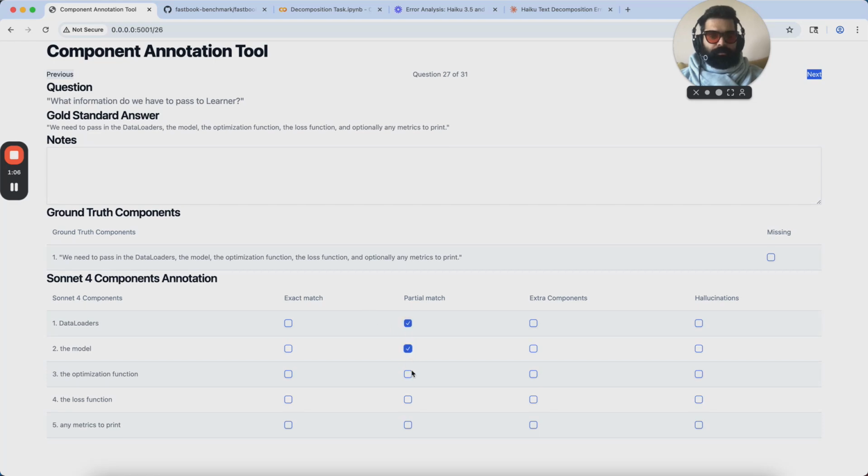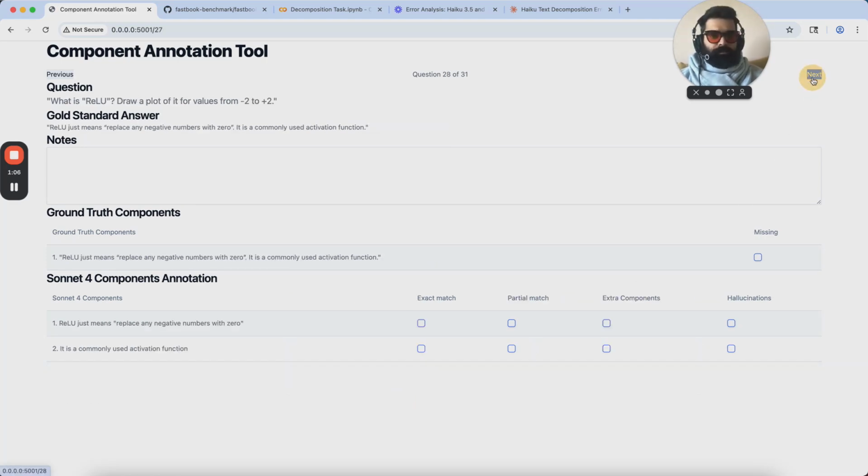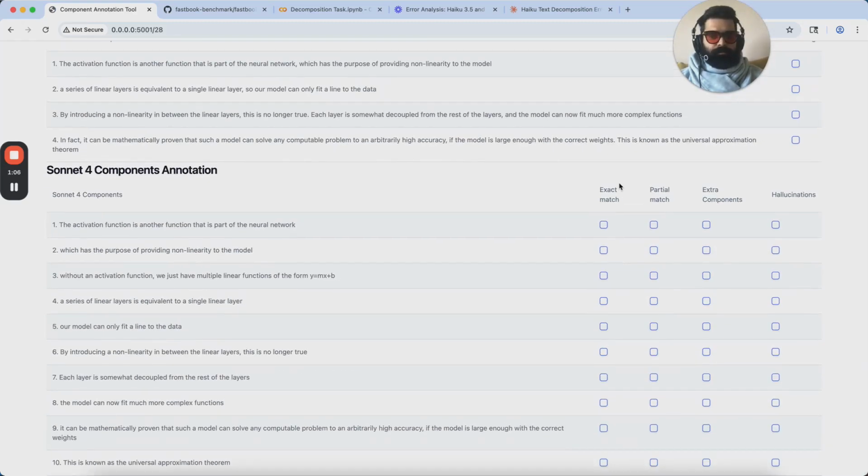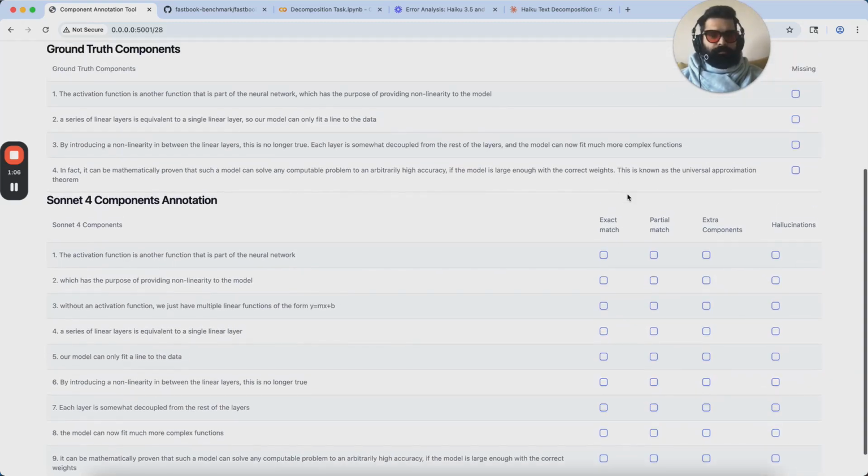Data loader is the model. Yeah, this is the same as haiku. Same as haiku. This is extra.